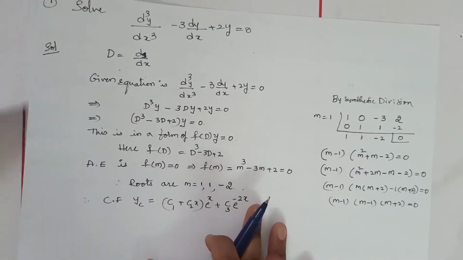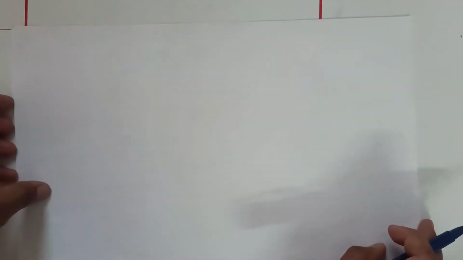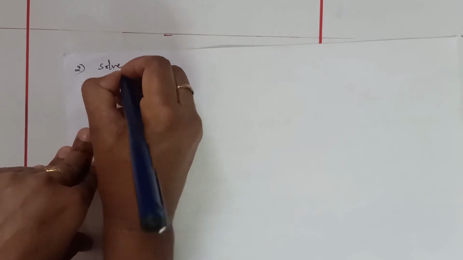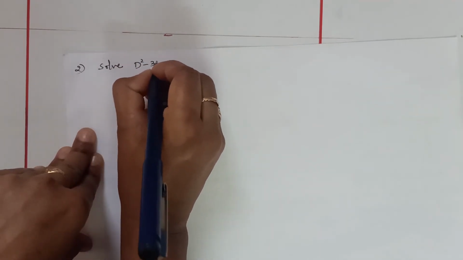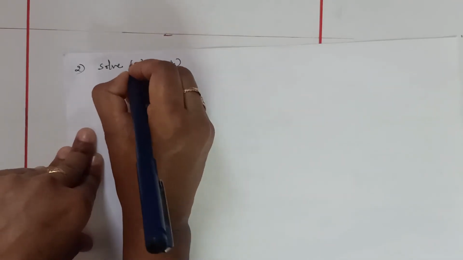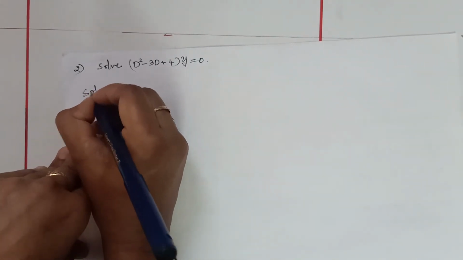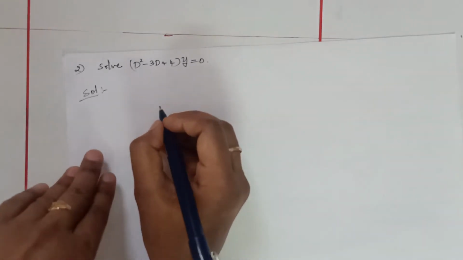Now, we'll solve another problem. Second, solve d square minus 3d plus 4 into y is equal to 0. I am going to solve the given differential equation.